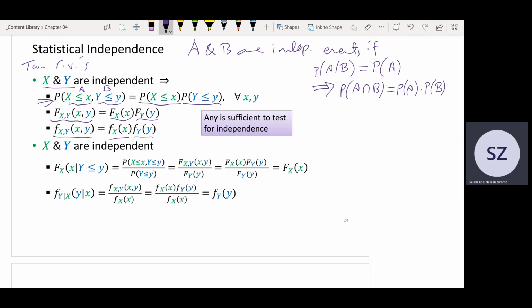What does this mean? It means that the joint PDF can be written in terms of two functions, decomposed: one function with respect to x and another function with respect to y.